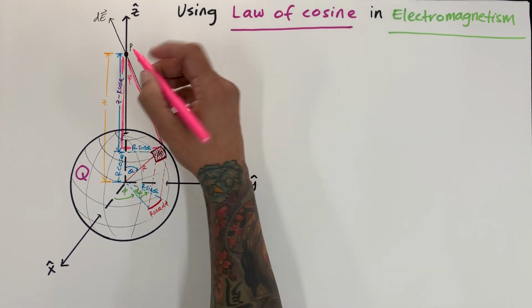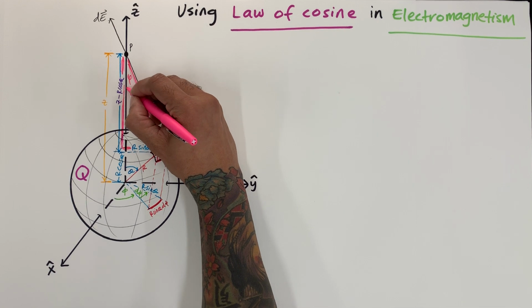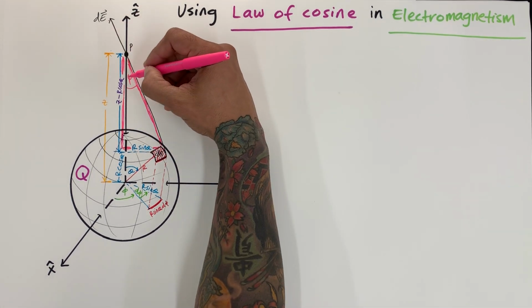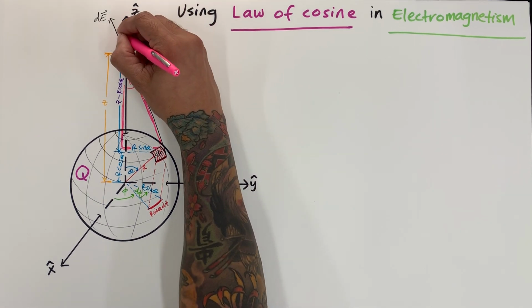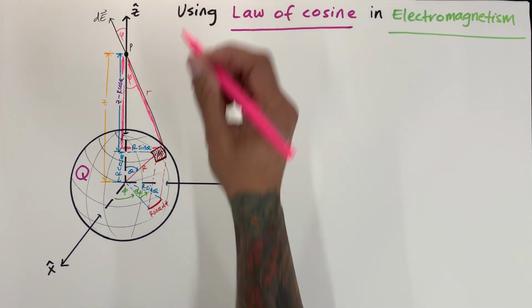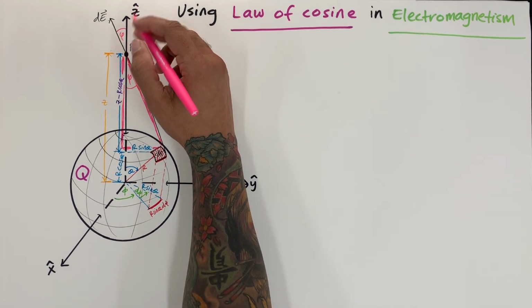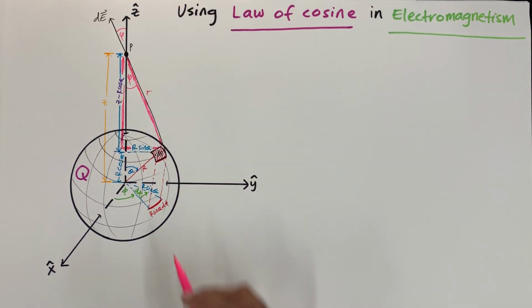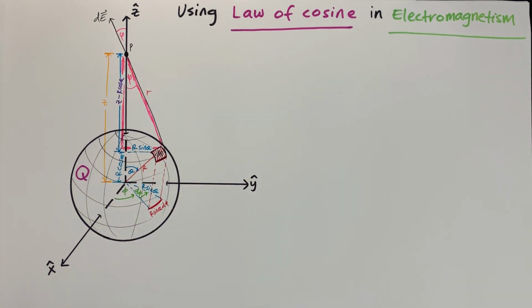We'll just call it this angle here. So this angle here is the same thing as this angle here. All right, complementary angles. That's just important for later, for a different type of problem, but just to show how everything connects. So now we have everything that we need here.